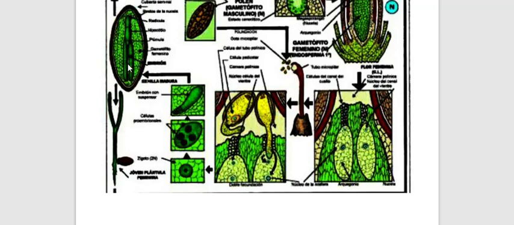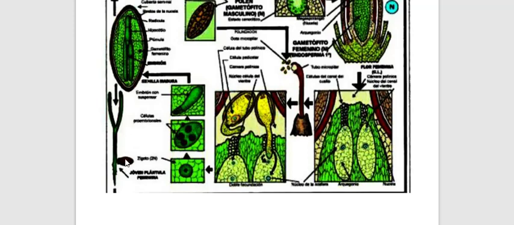This is now known as the seed, because the integuments are converted into the testa of the seed, and then this seed germinates epigeally. Epigeal means the seed starts to germinate when it is present above the soil, above the ground.